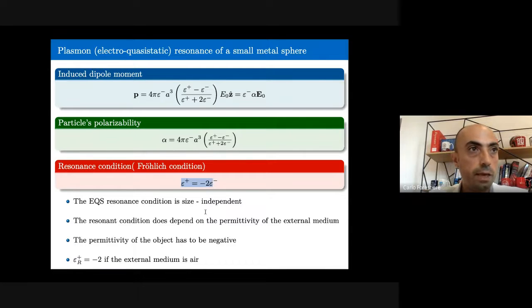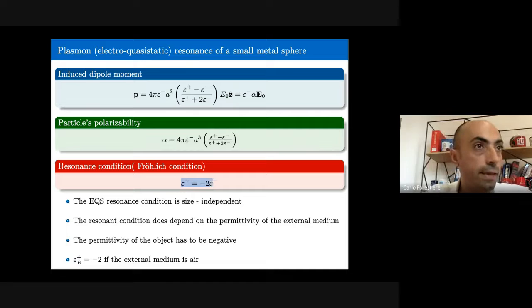First application. We see that this resonance position depends on the external medium, on the medium outside the sphere. So by looking at the position of the resonance, we can in some way sense what is outside the sphere.